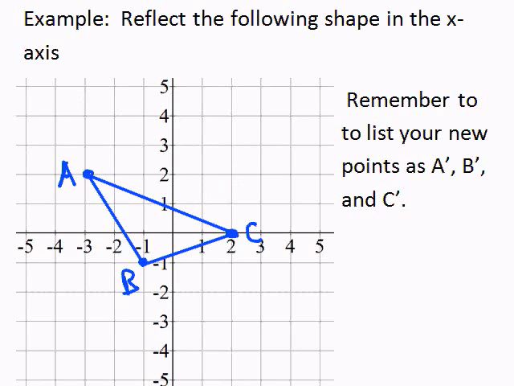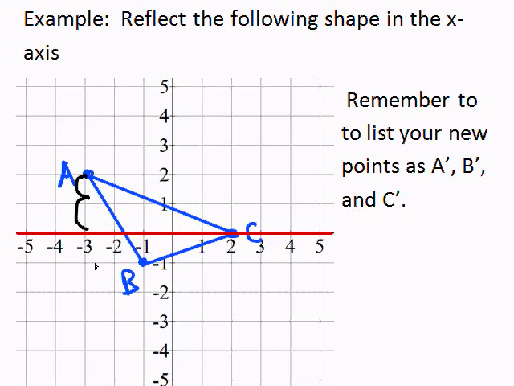So the first thing to do is highlight the fact that we're going to be reflecting our points over the x-axis. To do that, we just need to find out how far away each of these points is from the x-axis. If you look at A first, we notice A is 1, 2 away from the x-axis.